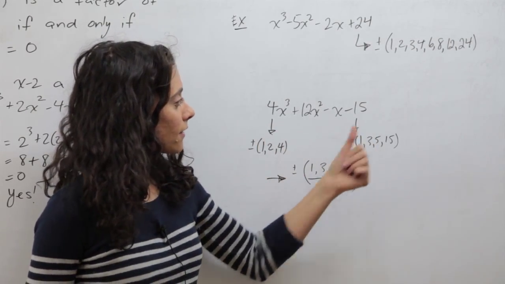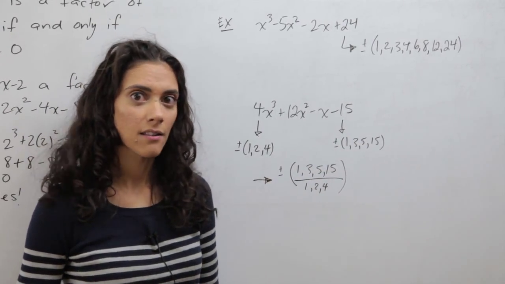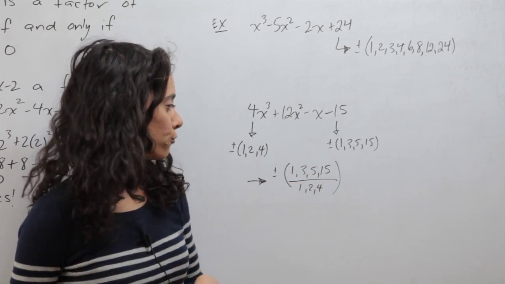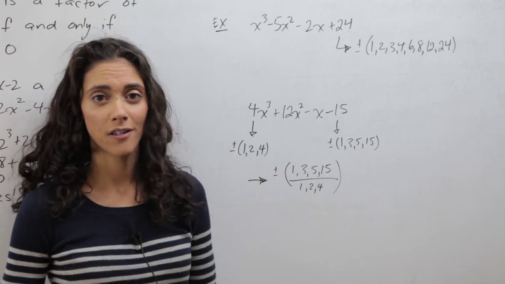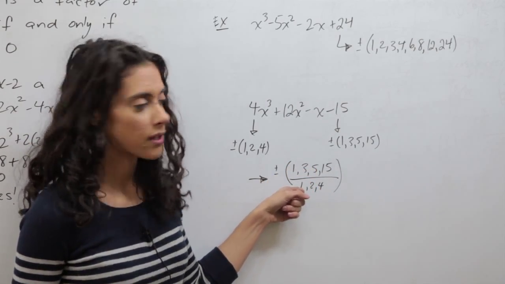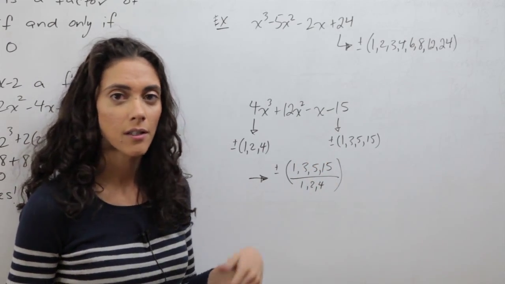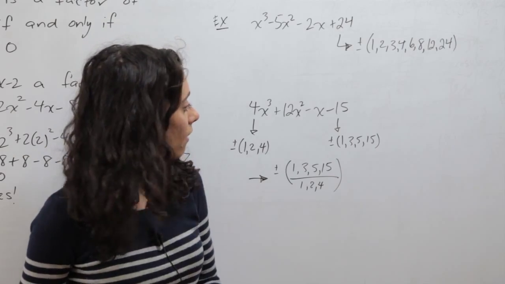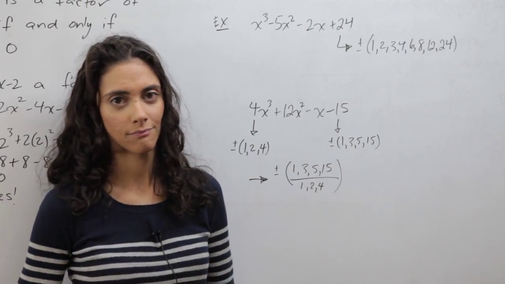That means this polynomial may very well have a 0 or x-intercept at 15 over 4 or 3 over 2 or -5 over 4. But it may also simply have a 0 at 3 over 1, which is 3, or 5 over 1, or 15 over 1. So you may get fraction zeros, or you may get whole number zeros. It's hard to tell when you have it in standard form.